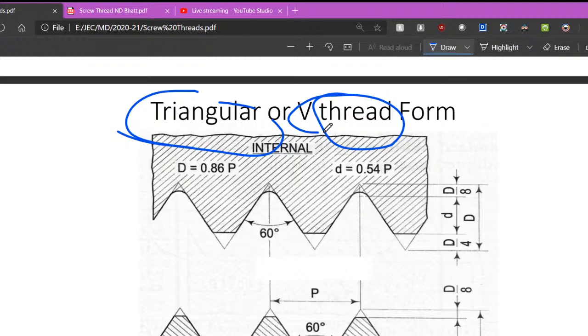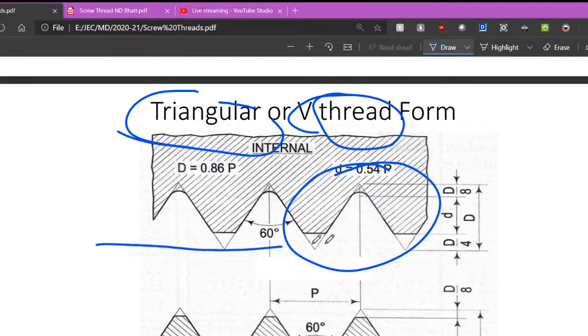So from that time, this triangular or V thread is the standard form. Generally, we get it based on the fundamental triangle.